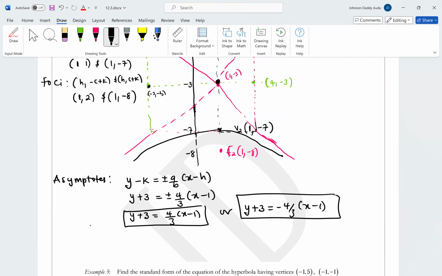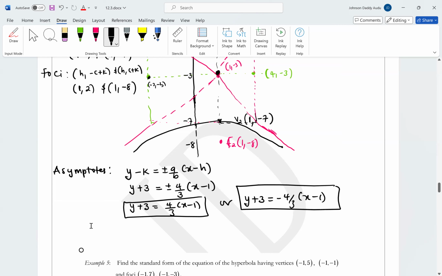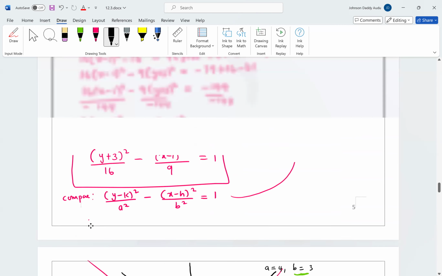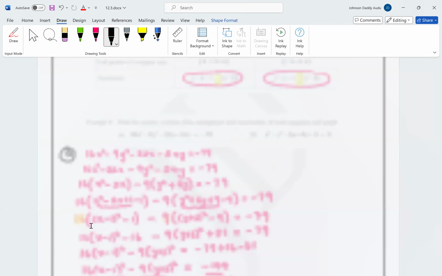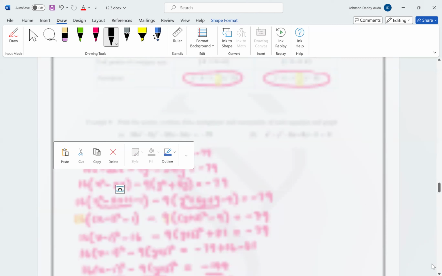So these are the two lines. All right. So any other one? Are we done with this one? Okay, so we have question B. Let's deal with that.